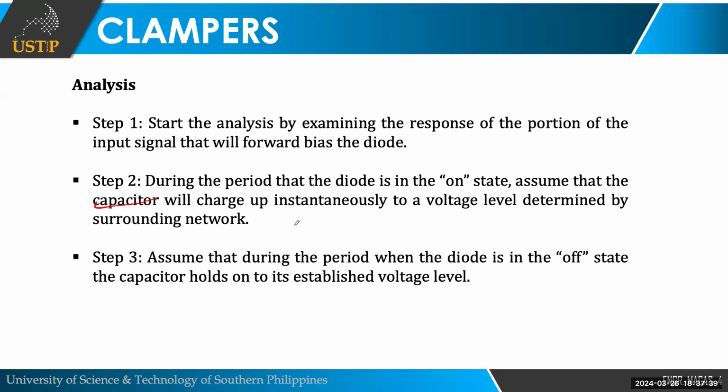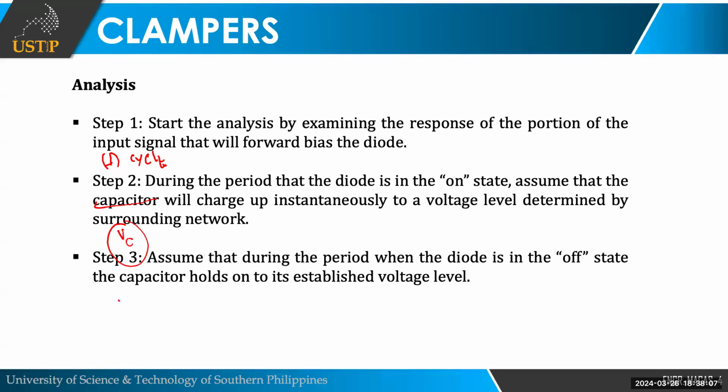And then, atong KVL class, tan-awon nato unsa na karon ang voltage nga mo-charge ang imong capacitor. So again, if nag-start ta og positive cycle, okay? And then sa step 2 makuha nato ang voltage sa capacitor, until unsa nga voltage level siya mag-charge.